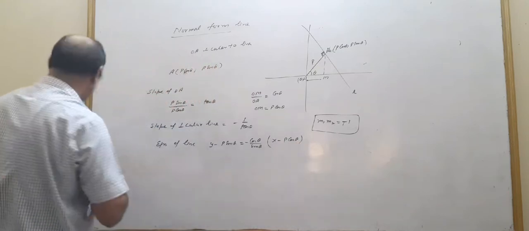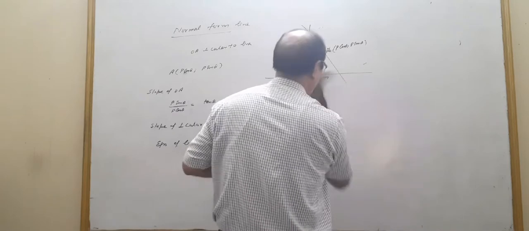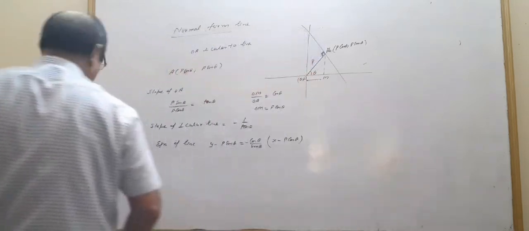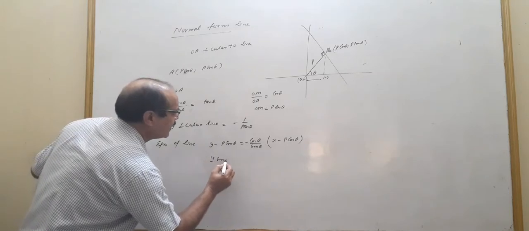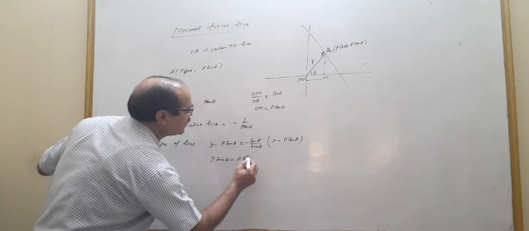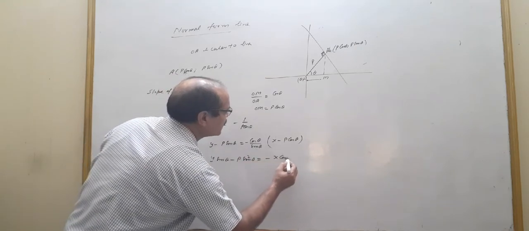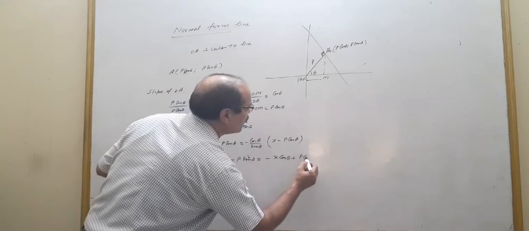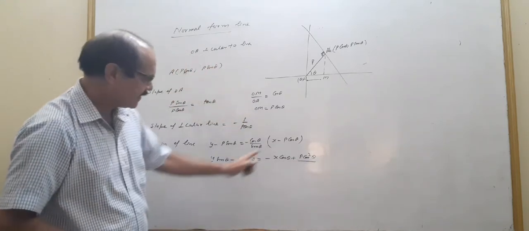Now solving this: y sin theta minus p sin square theta, by cross multiplying, is equal to minus x cos theta plus p cos square theta. Now this sin square plus cos square becomes 1 by transferring this.